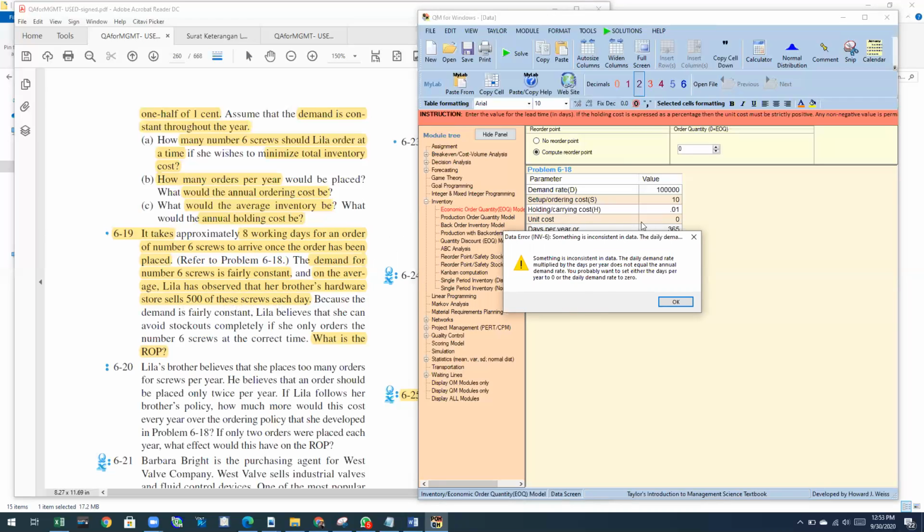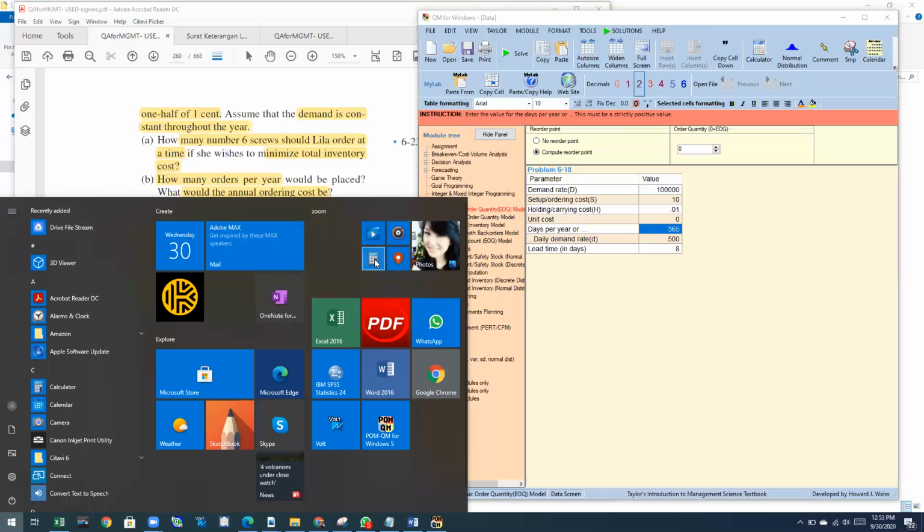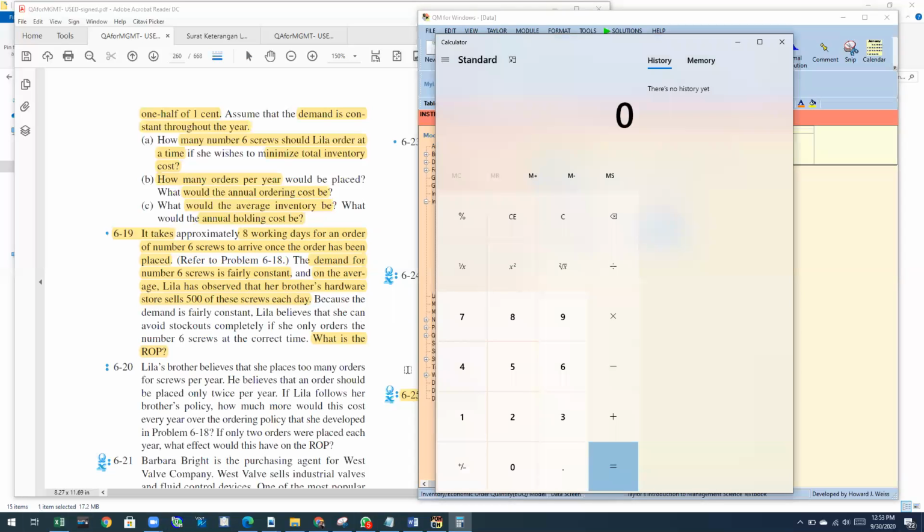Oh, okay. So I suppose it should not be 365 days. Perhaps we have to make an assumption how many working days there are, because obviously they will not be working every day. So if we change this, how many weeks are there in a year?